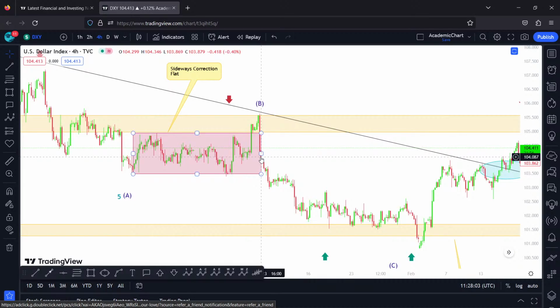Yes, you can call it a fake out, but it has another name when you are looking at it with Elliott wave theory, and it is an actual irregular flat that didn't respect the previous zones.